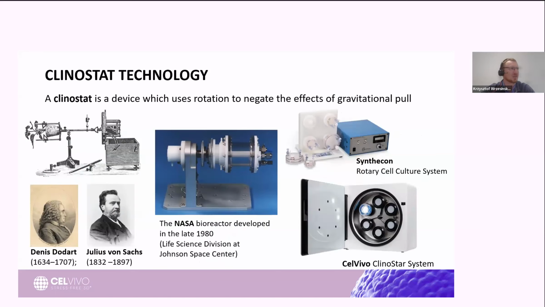What is a clinostat? A clinostat is a device which uses rotation, a simple rotation, to distribute the effect of gravity. The technology idea is actually quite old, as you can see. It was first described in the beginning of the 18th century by Denis Stoddard, and then the first actually working machine was made in the late 19th century by Julius von Sachs.